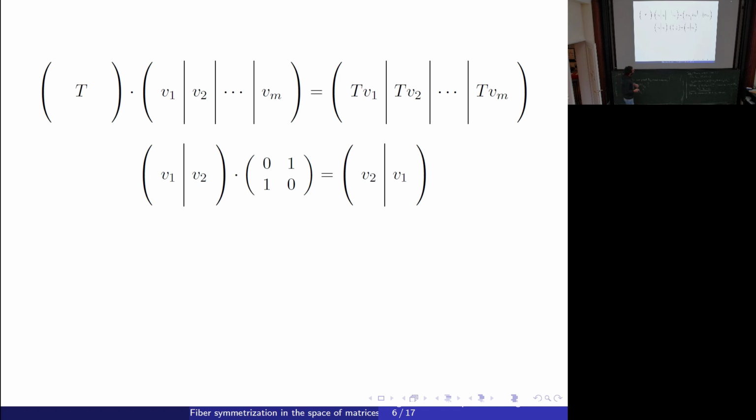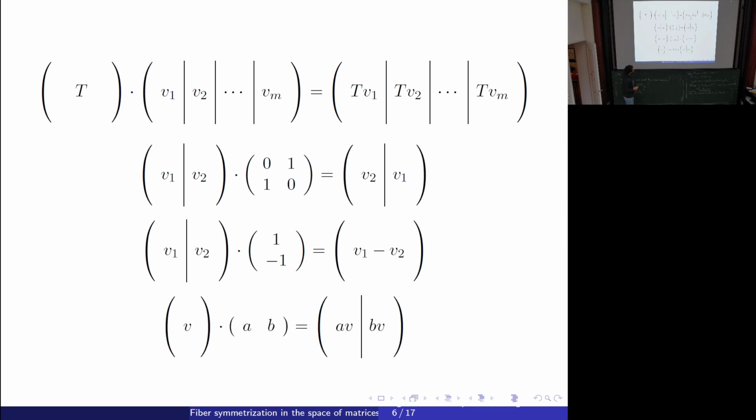Now the right action does something very different. You can multiply by a matrix and swap the columns, swap the vectors v1 with v2. You can make linear combinations with scalar coefficients, and you can, for instance, take one vector and obtain several copies of the same vector, scaled by numbers.